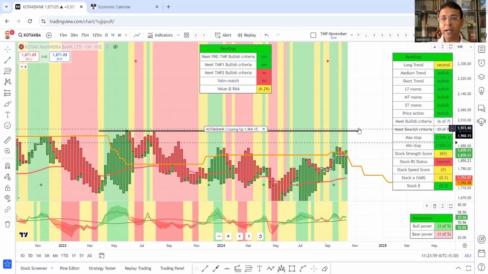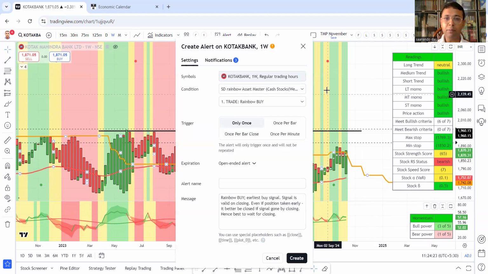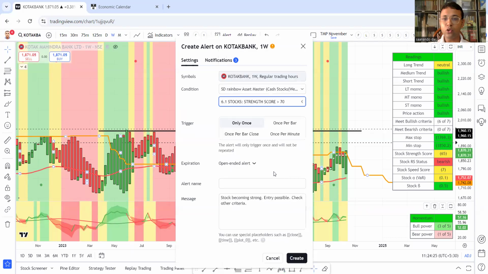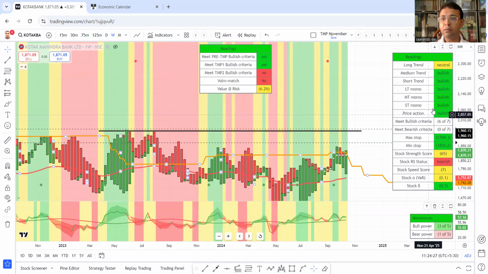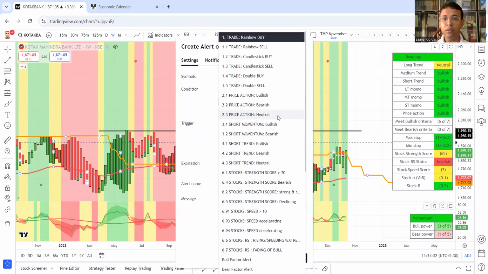After that round, in addition to this, you need these criteria to be fulfilled. You need these criteria to be fulfilled, otherwise the stock has not gone into the gem phase. So until the criteria are satisfied, we are doing lower purchases. For higher purchases, we will place strength score greater than 70, and here we can enter another round.